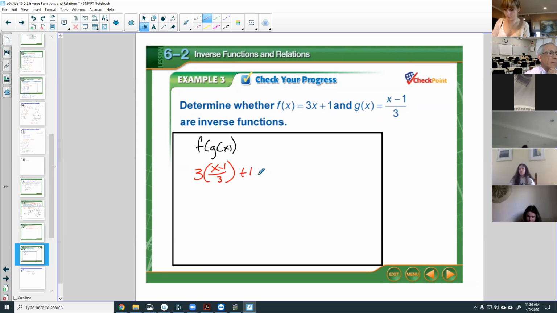That looks pretty good to me. What did you do then? I canceled the 3's out. I think that's a great idea. So now you have x minus 1 plus 1, and that is equal to? And then I got x. And so there you go.